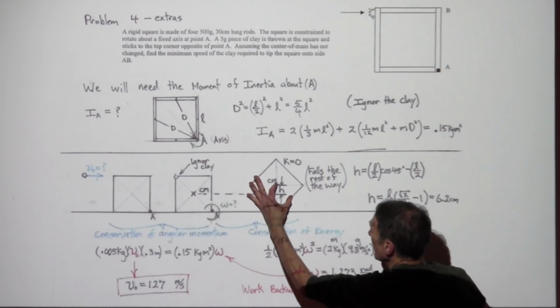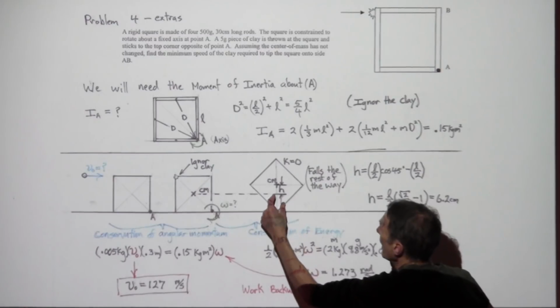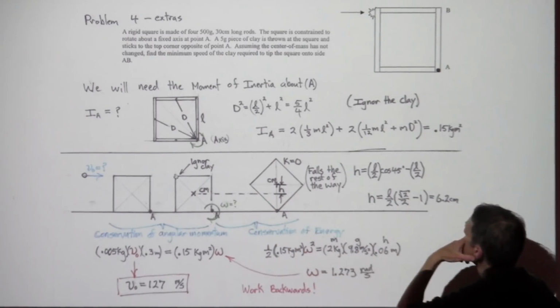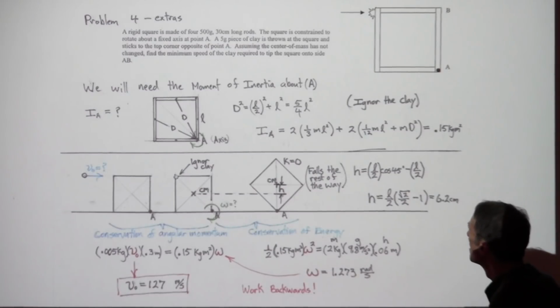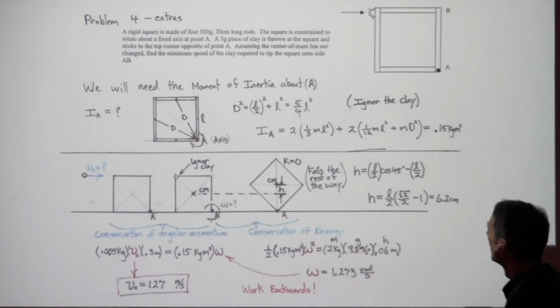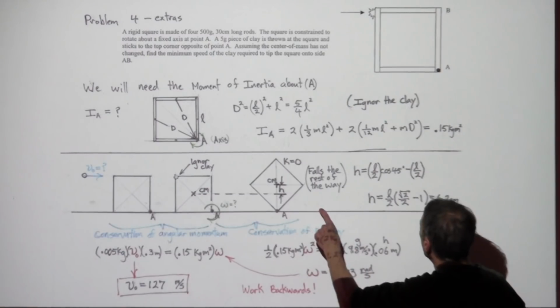If you take this L over 2 and cosine 45, L over 2 cosine 45 would be over cosine 45. Yeah, I'm confusing myself with what I'm doing here.